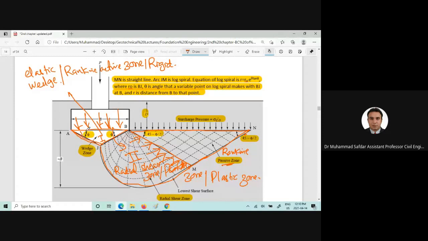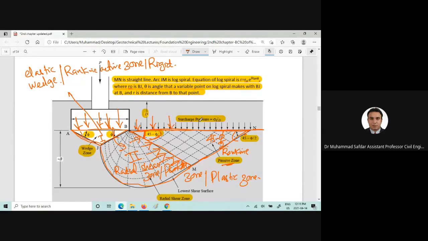Now this is the friction angle here. This is phi, the internal friction angle which we obtained from the direct shear test. This is again phi here. This angle, he proposed that it would be 45 minus phi by 2. This angle is also 45 minus phi by 2. Now Terzaghi ignored this portion for the shear strength of the soil, and he ignored this part.